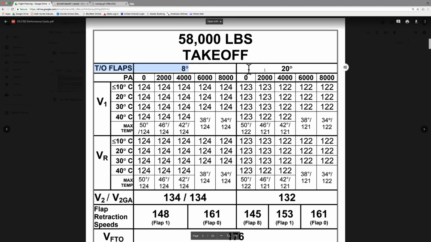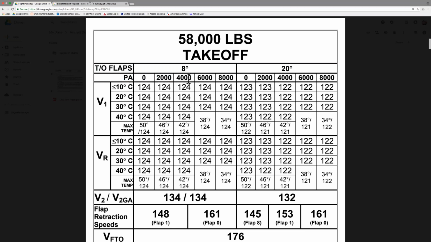This is our flap setting. We tend to take off with flaps 8. In this class, we will always plan to take off at flaps 8, depending on the pressure altitude outside.